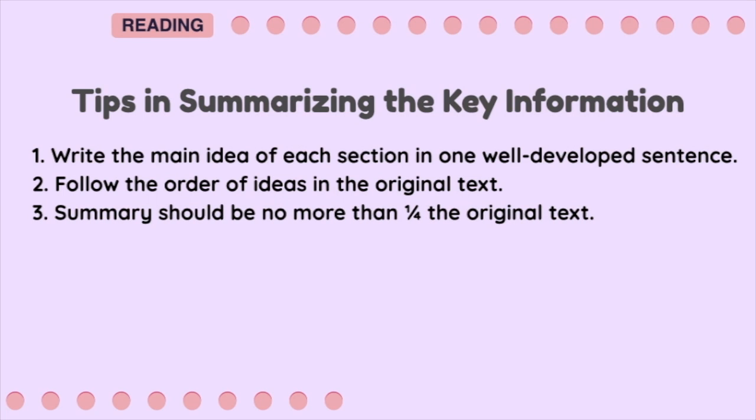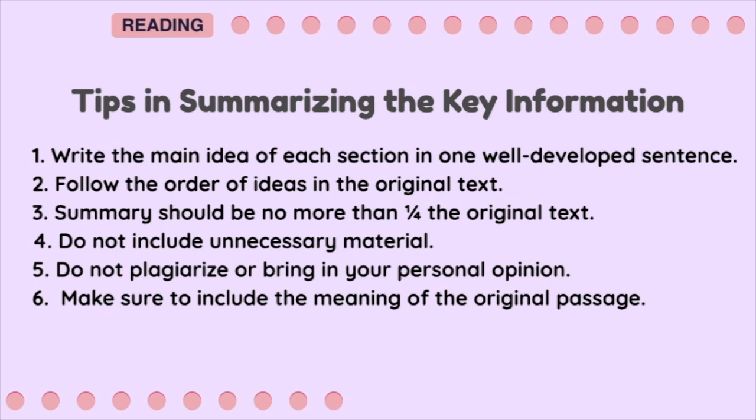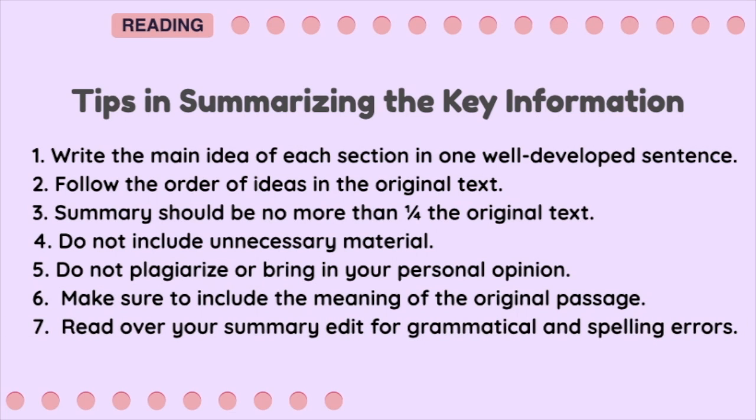Summary should be no more than 1/4 of the original text. 4. Do not include unnecessary material. 5. Do not plagiarize or bring in your personal opinion. 6. Make sure to include the meaning of the original passage. And lastly, read over your summary. Edit for grammatical and spelling errors.